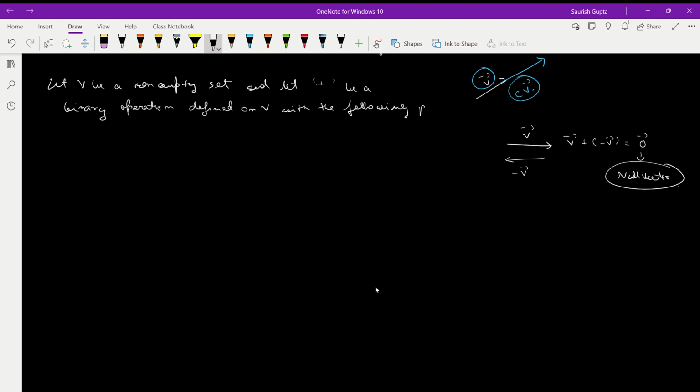A binary operation typically means that this non-empty set is closed under this operation.